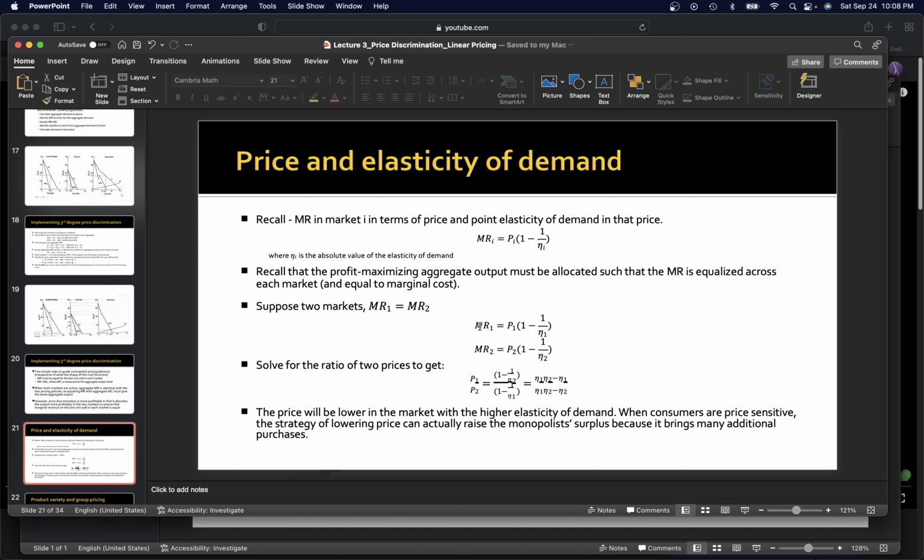So because these two things should be equal, you can equate them and you can get the ratio of price in group 1 relative to price in group 2, and that is essentially this ratio of elasticities of demand. And you can see that the price will be lower in the market with the higher elasticity of demand, or the relatively higher price elasticity of demand. When consumers are price sensitive, the strategy of lowering price can actually raise the monopoly surplus because it brings many additional purchases.